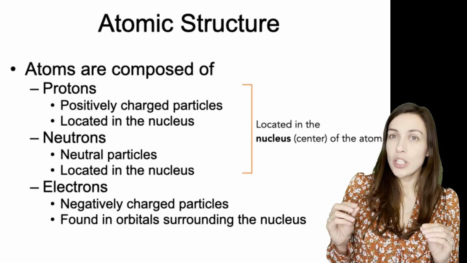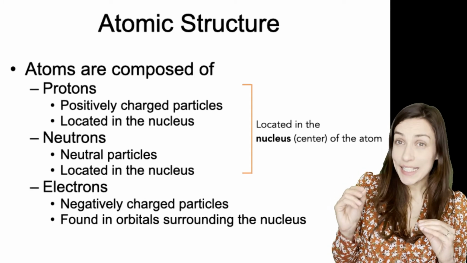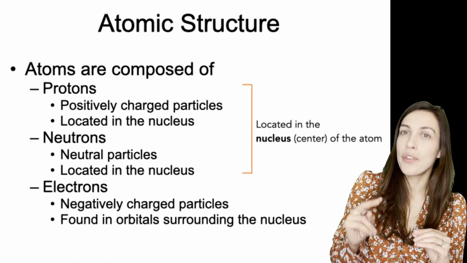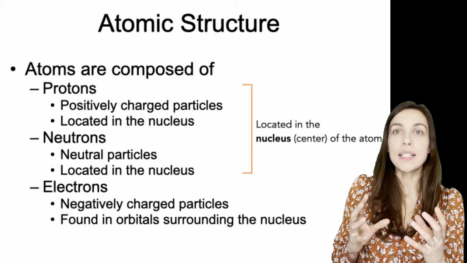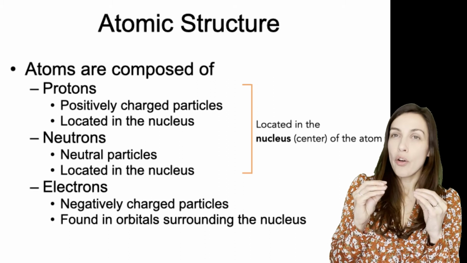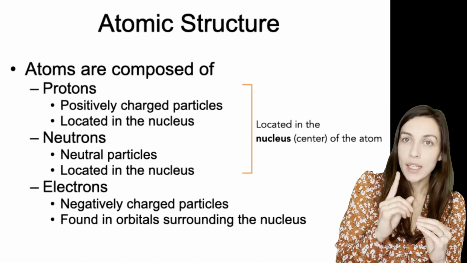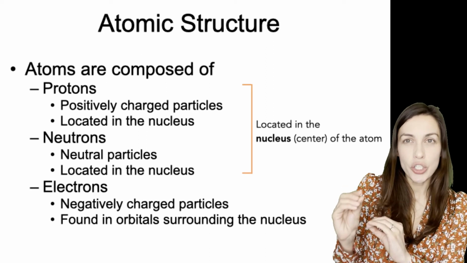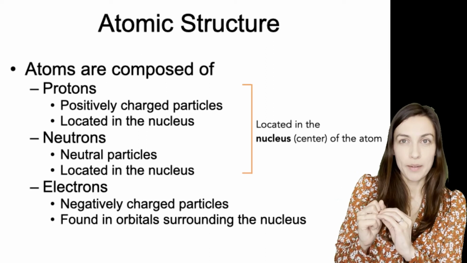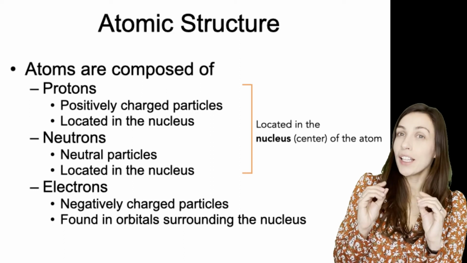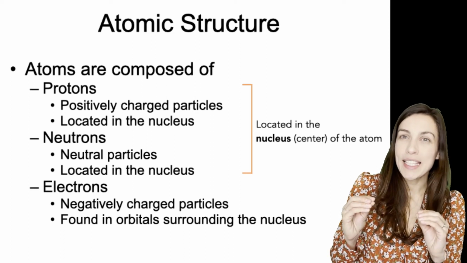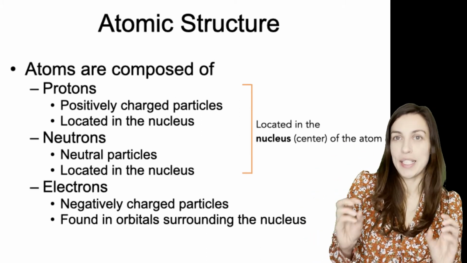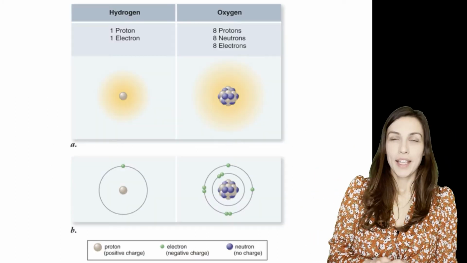But what we need to know is that although they are teeny tiny, electrons have a negative charge of -1. That means that the strength of the charge of one electron is the same, although opposite, as the charge of one proton. And electrons reside on the outskirts, outside of the center of the atom.